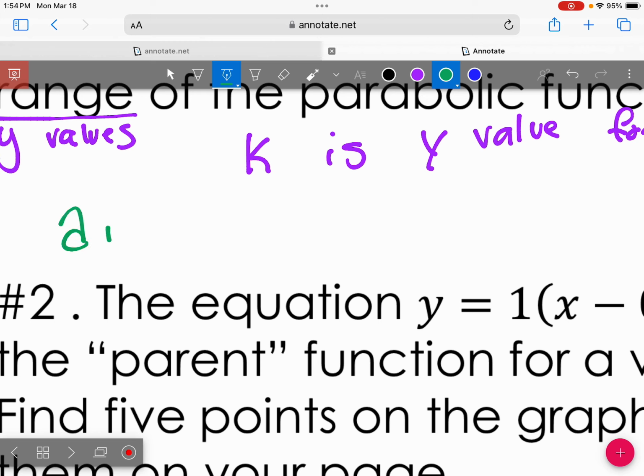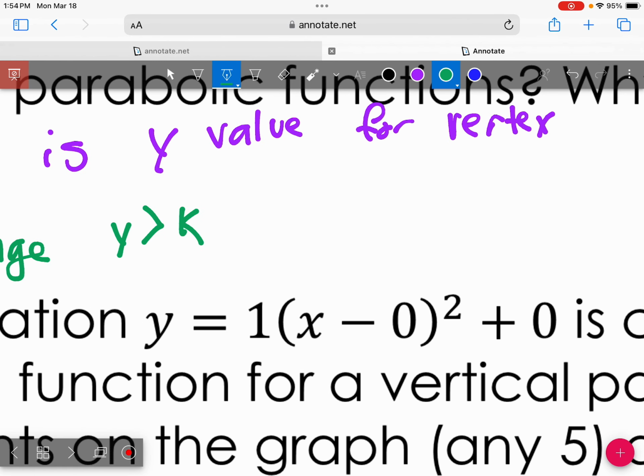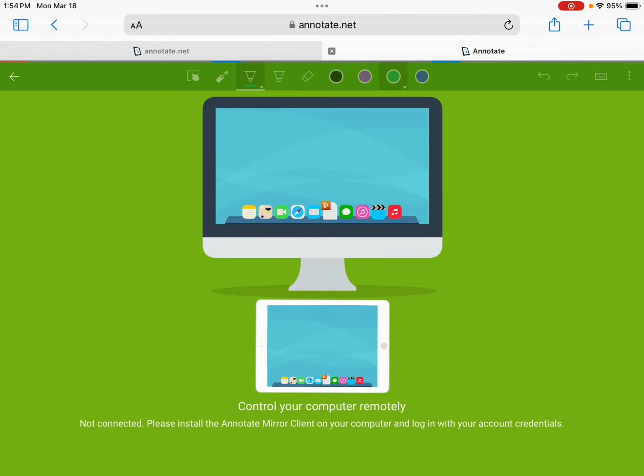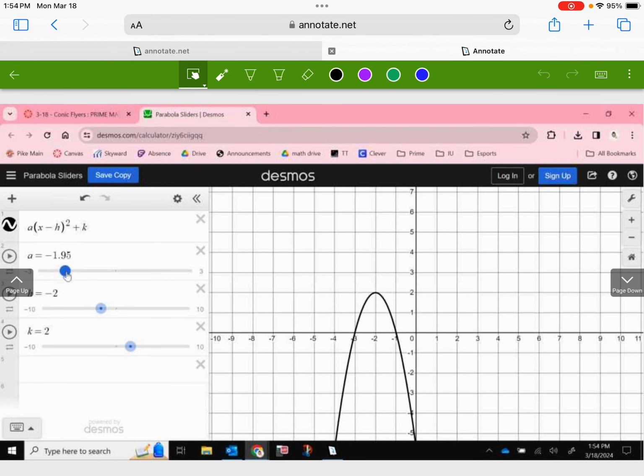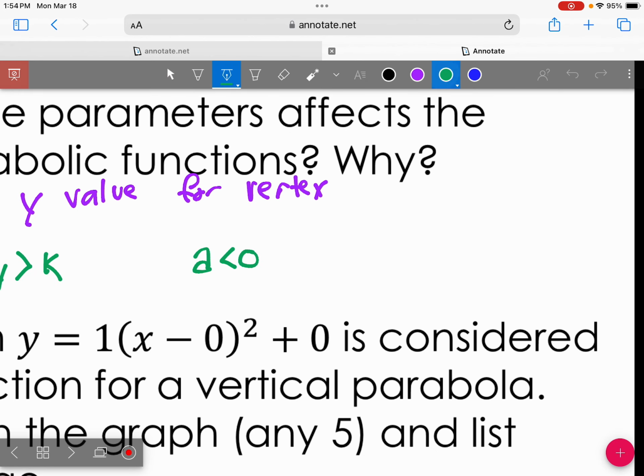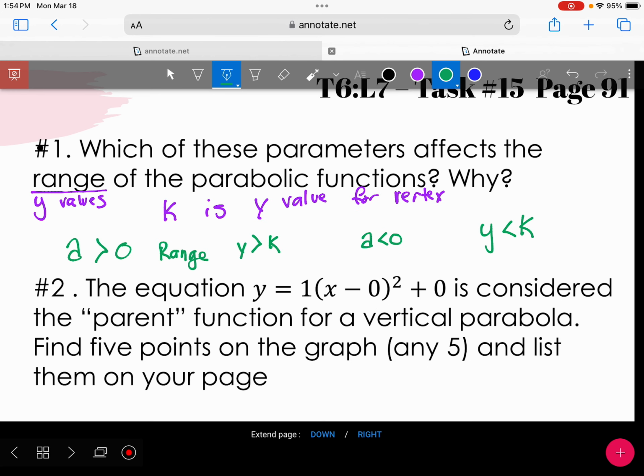If A is greater than 0, then our range is going to be that Y has to be greater than K. If A is less than 0, meaning it's been reflected, so my whole shape is down here, my Y's have to be less than my K. We're not going to do a ton with that, but it gives us kind of a rule to follow here. This is 2 thoughts.